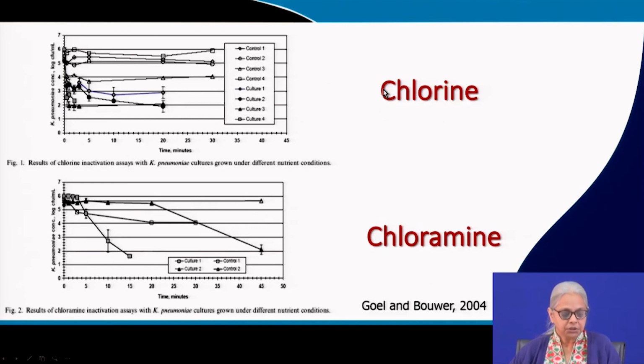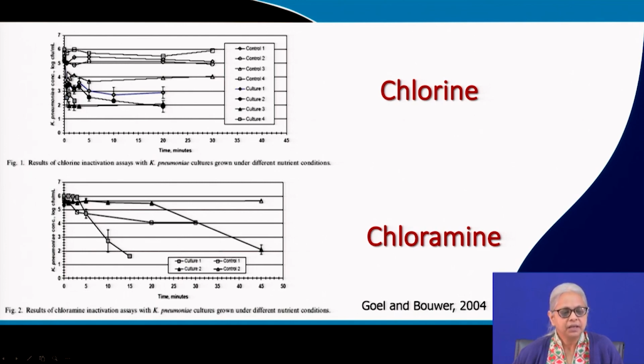The concentrations of chlorine were close to 0.5 milligrams per liter in the first case, and the chloramine concentration was about 2 milligrams per liter in the second case. These are different cultures that were cultivated under different nutrient conditions, and what is important to see here is the nature of the curves. The cultures are what I'm going to focus on.